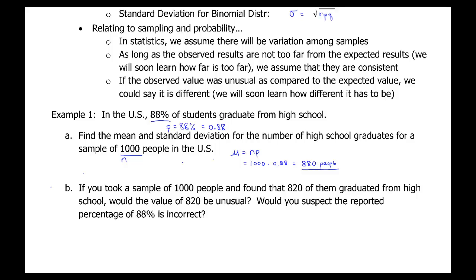So the second question, if you took a sample of 1,000 people and found that 820 of them graduated from high school, would the value of 820 be unusual? And again, every sample is going to be different, and we can say if something is unusual or not by comparing it to our expected value. So again, we have a sample of 1,000 people, it's going to be n. 820 graduated from high school, so 820 is x. And we want to know if that's unusual, and our percentage is the same, so p is still 0.88. And here, when it's asking about something being unusual, we need a probability.